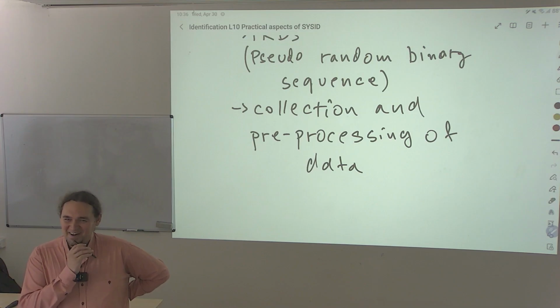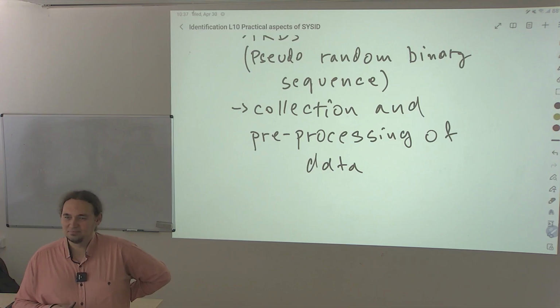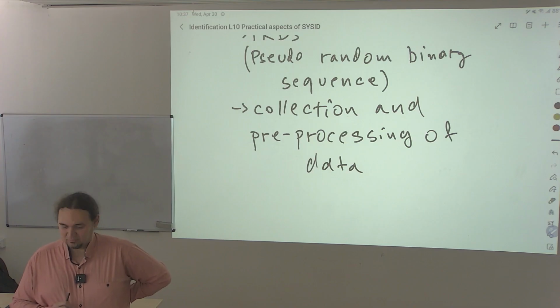What then? We can, for example, create a data set that is already processed somehow, so, for example, the outliers are out.